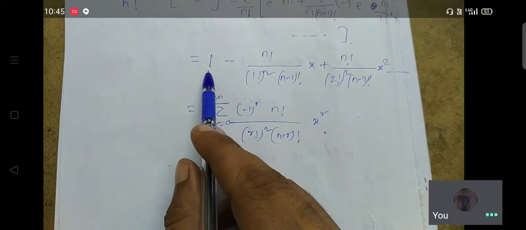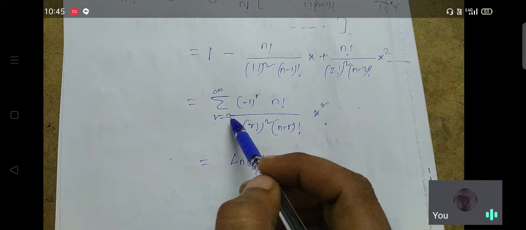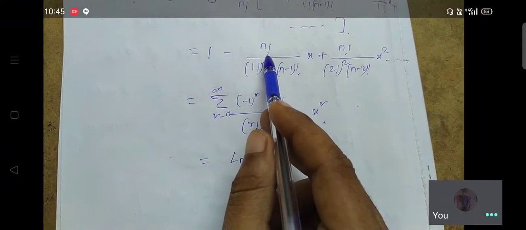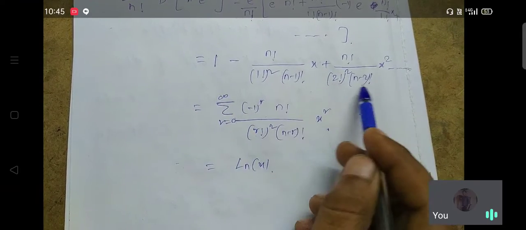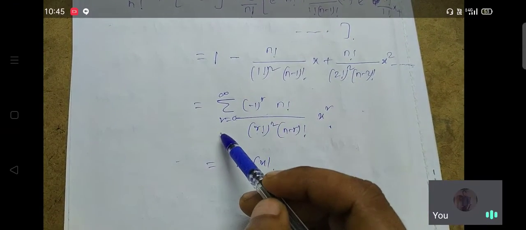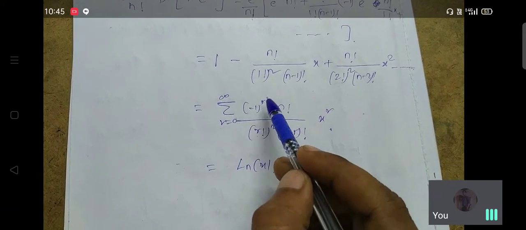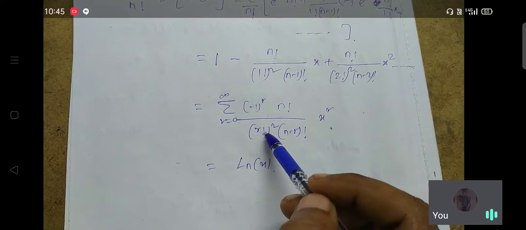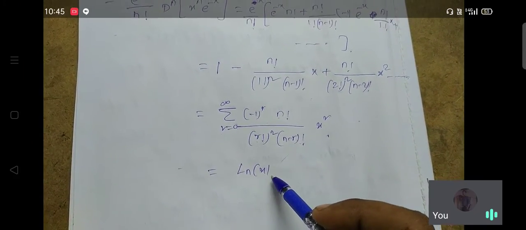Okay, you have 1 here. Next put n equal to 1 here, then you will get this expression. So now you can write this series as the summation r equal to 0 to infinity of minus 1 whole power r n factorial divided by r factorial whole square n minus r factorial x power r, which is equal to Ln of x.